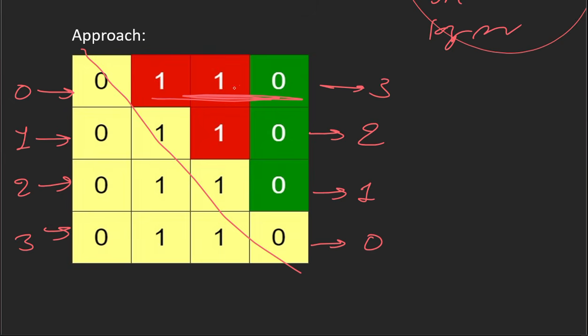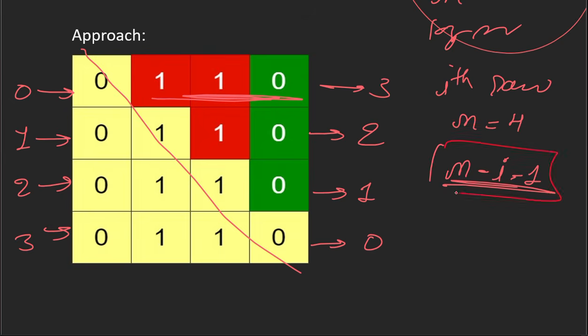At least zero. So if you see here, this is the ith row, and n is equal to 4. So for the ith row, how many trailing zeros at least do we want? We want n minus i minus 1 trailing zeros at least, right? I hope you get this.